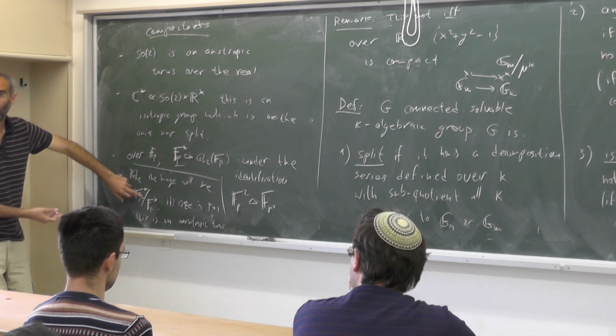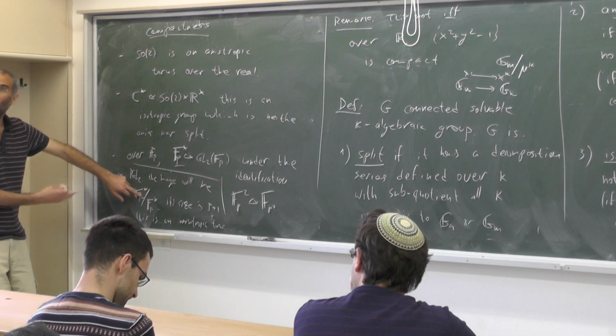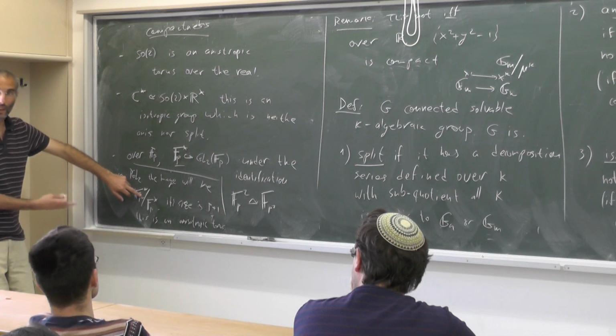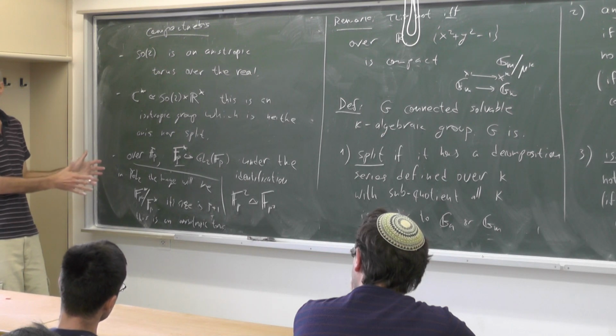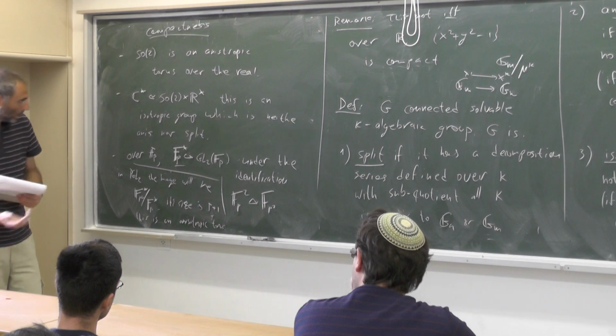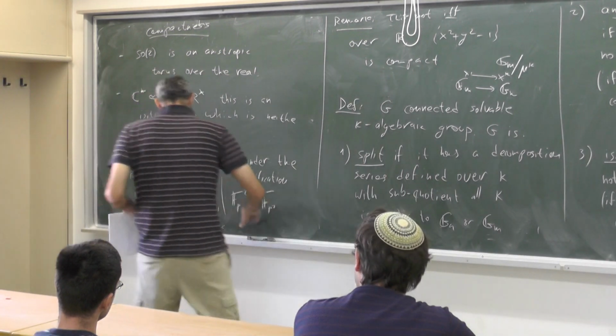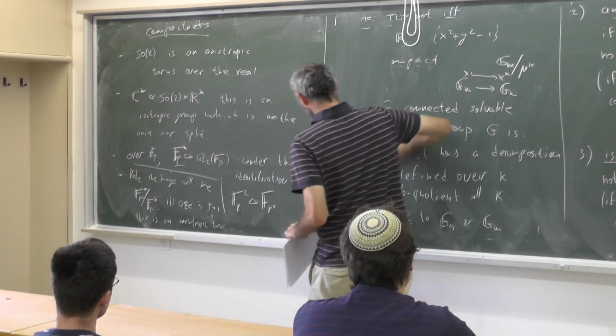I can take K here instead of 2, and I can define this way other anisotropic tori. And actually, this is the way that all anisotropic tori get born, coming from field extensions. This is not the subject of this lecture now, but this is something that we should know.